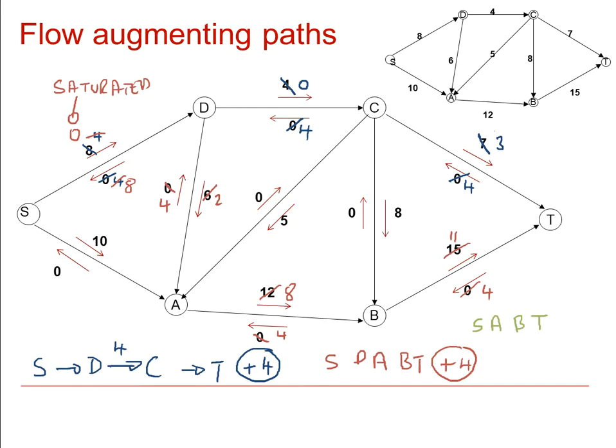So add 8. So this becomes 8. The forward-facing one is going to be reduced by 8, and the backward-facing one go up by 8. So you can now see that we've got another saturated arc here.